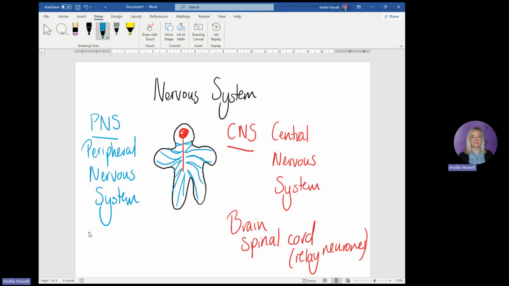The ones that go from the periphery to the central nervous system are called sensory neurons. And the ones that go back out again, away from the central nervous system, are called motor neurons. Make sure you can label those as well.